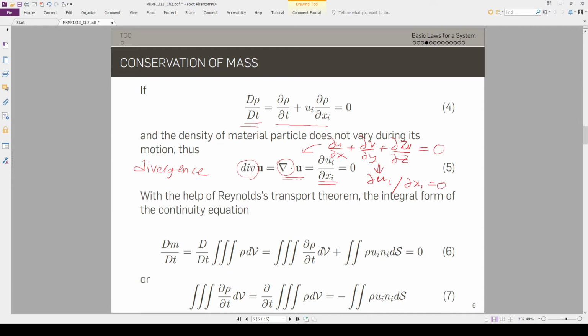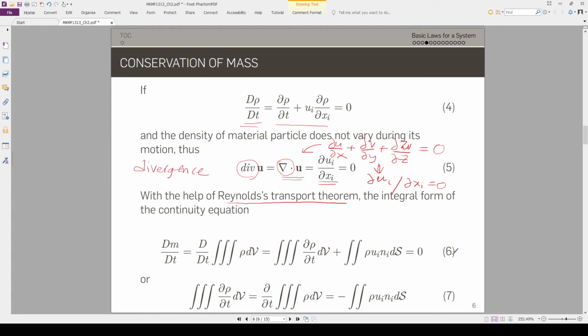And furthermore, with the help of the Reynolds transport theorem, I am not going to discuss it in detail, as I guess you have done this during your undergraduate fluid mechanics course. So the integral form of the continuity equation can be developed.